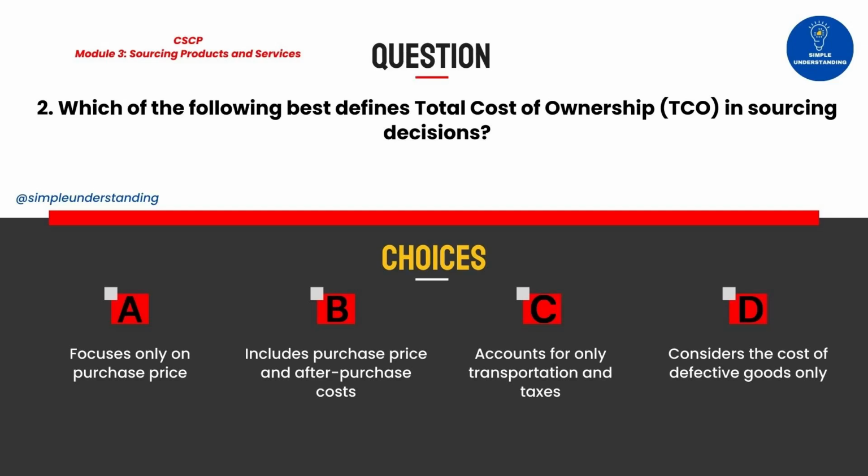2. Which of the following best defines total cost of ownership, TCO, in sourcing decisions? A. Focuses only on purchase price. B. Includes purchase price and after-purchase costs. C. Accounts for only transportation and taxes. D. Considers the cost of defective goods only.